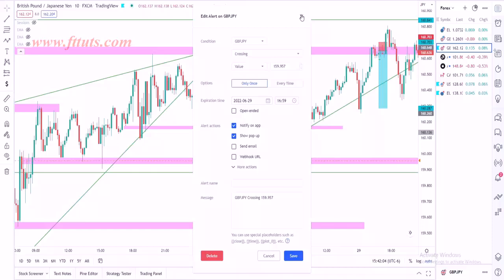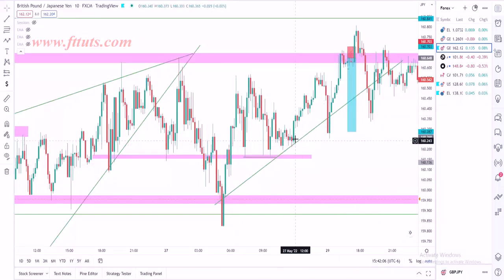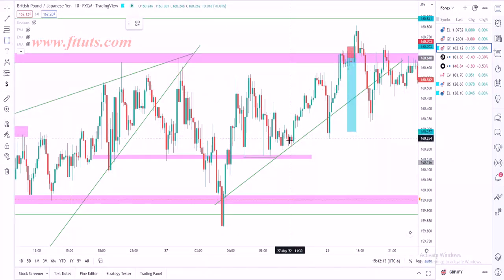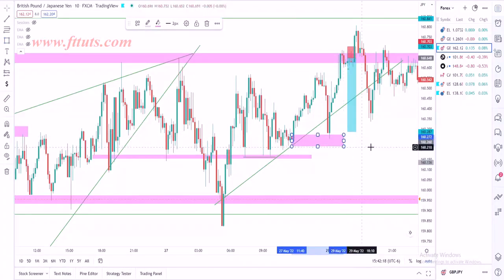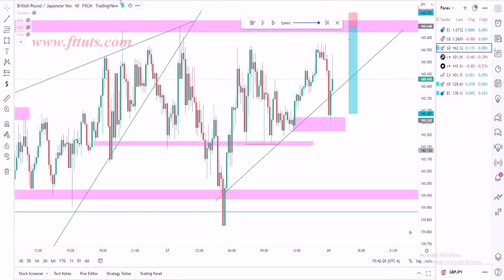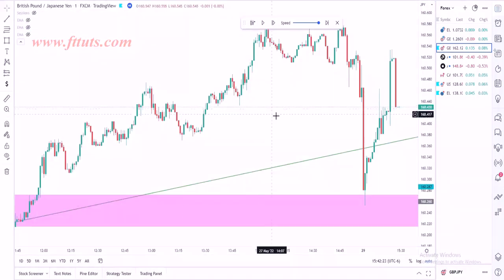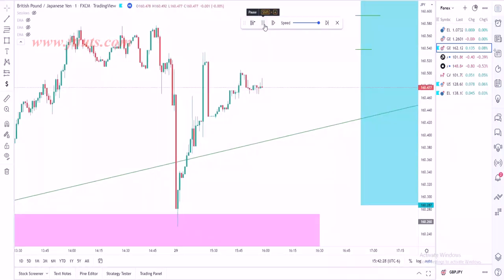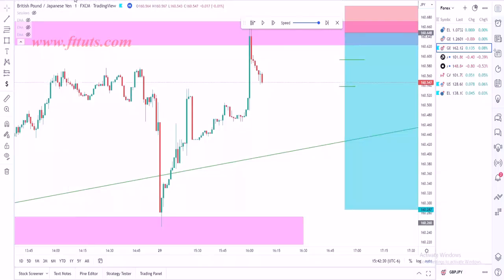So, whoops. Yeah, here's one. And you can see that, right? You can see the sell, dramatic move away. Okay, so nothing happened there. It tapped the order block, but it didn't come back. Here it broke structure.